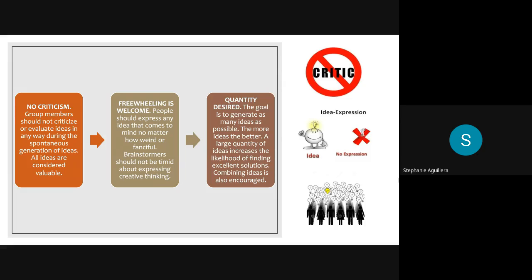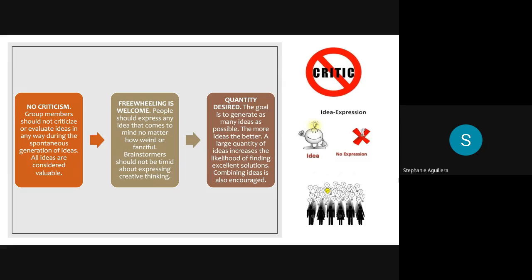Freewheeling is welcome. People should express any idea that comes to mind, no matter how weird or fanciful. Brainstormers should not be timid about expressing creative thinking.